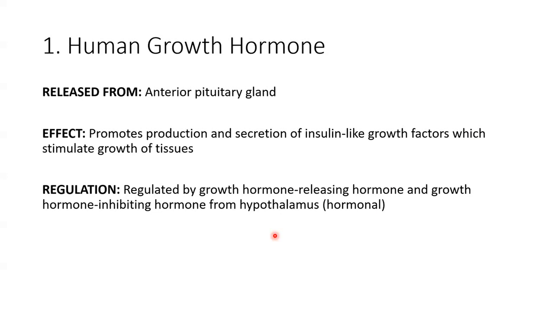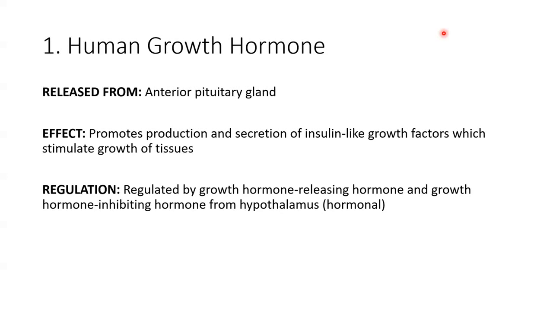Starting with human growth hormone, this is sometimes also referred to just as HGH. This hormone is the most plentiful anterior pituitary hormone, so we have the most of this particular hormone. The main function of human growth hormone is to promote the synthesis, so the production and the secretion, of a small protein hormone called insulin-like growth factor.